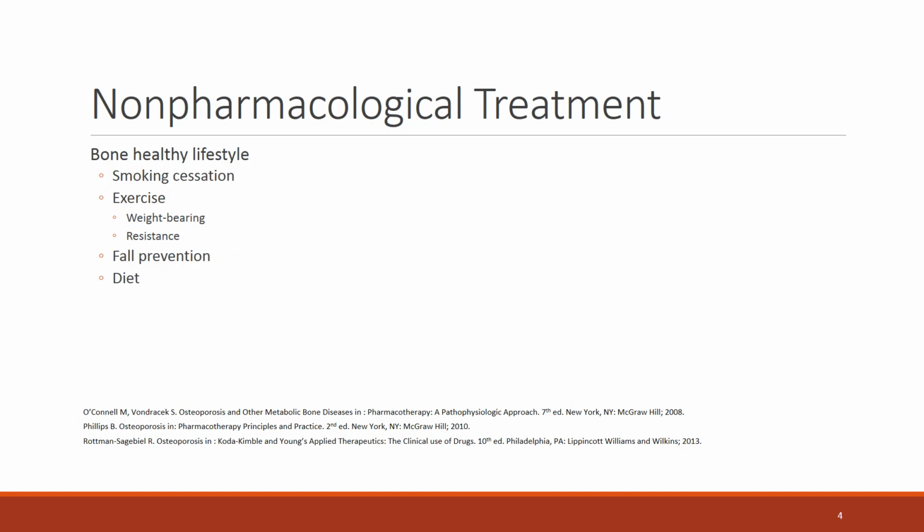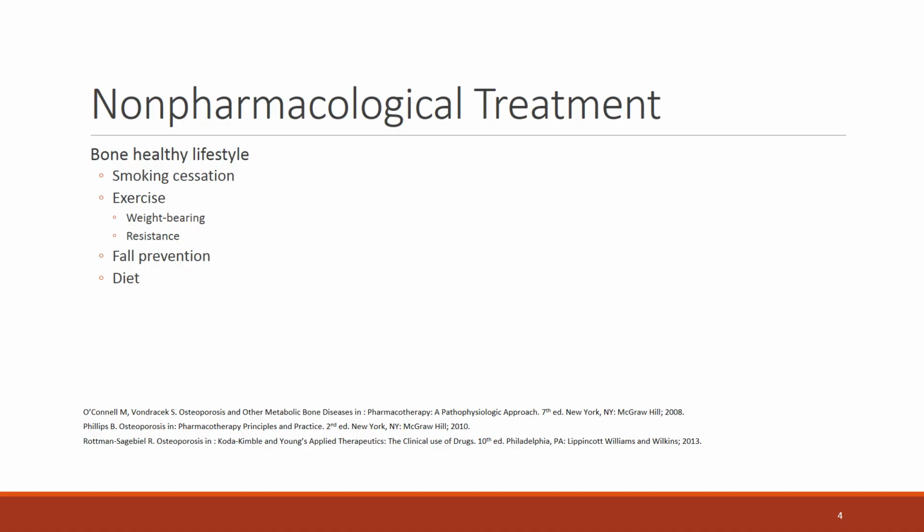First part to a bone healthy lifestyle and to preventing or treating osteoporosis is taking care of the body. Quitting smoking, since smoking will leach calcium out of the bones. Exercise to strengthen those bones, both weight bearing and resistance.